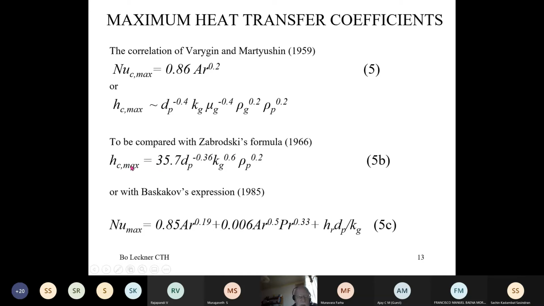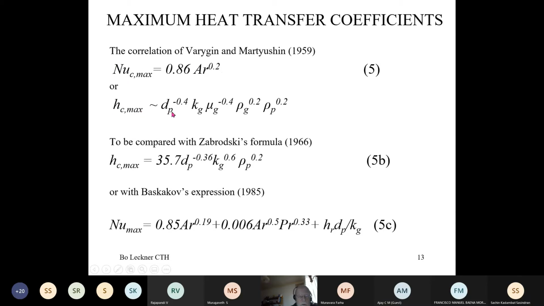There are other correlations, such as the very famous Zabrodsky's formula. It shows explicitly the importance of the bed particle size, gas conductivity, and the density of the particles. I have expanded this into the parameters hidden here.